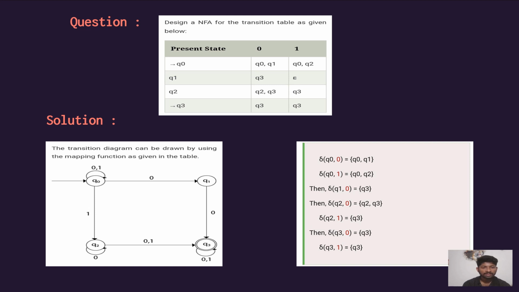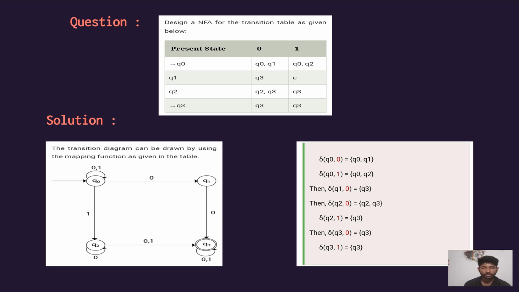Now looking at the transition diagram, the following steps are written. Transition Q0 comma 0 is equal to Q0 comma Q1 as 0 is passed to Q1 and the self loop is given to Q0. Then Q0 comma 1 is equal to Q0 comma Q2 as 1 is passed to Q2 and the self loop of 1 is given to Q0 itself.